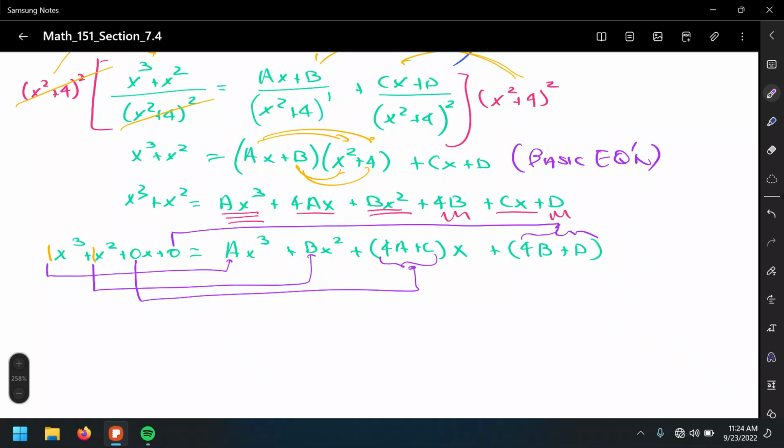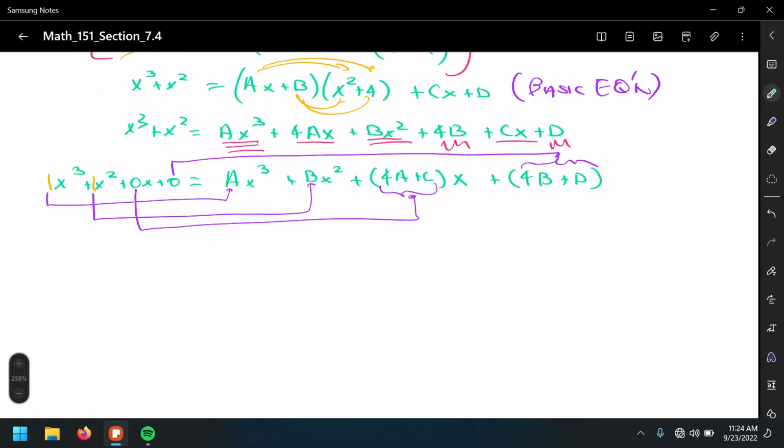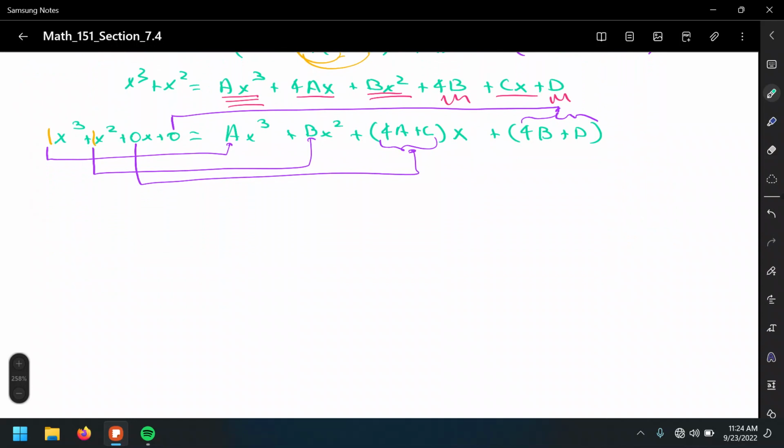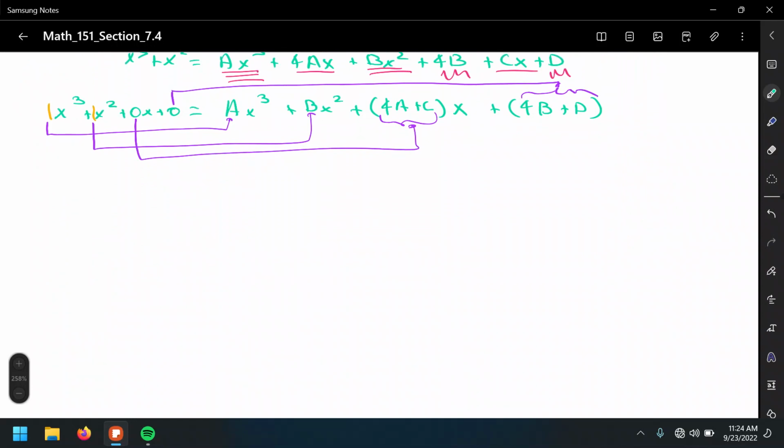From here, we are going to write a system of equations. In some cases, the system of equations can go really crazy, like 4 equations, 4 unknowns, 5 equations, 5 unknowns. But if you were doing this for homework, you can use your calculator using the matrix mode. So I'm going to set up a system of equations. By equating coefficients, we get that a equals 1.